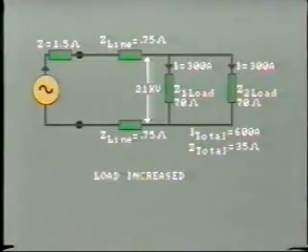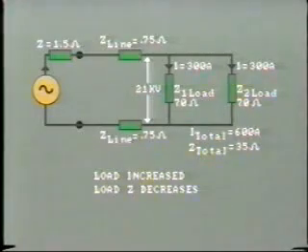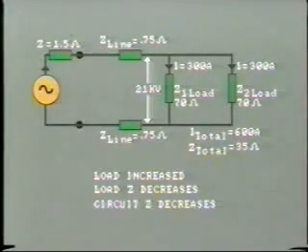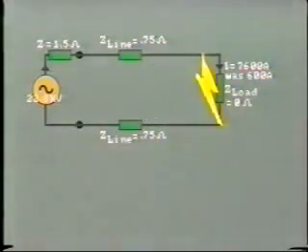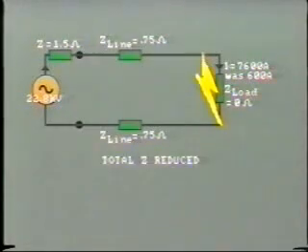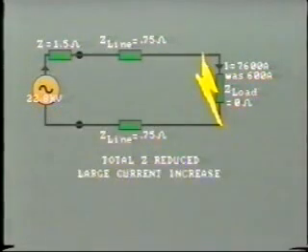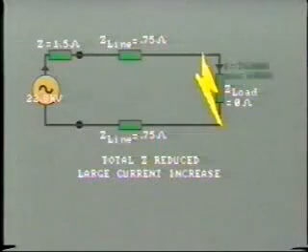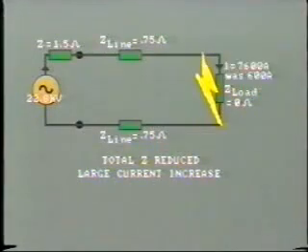First, note that an increase in load decreases the load impedance, and therefore decreases the total circuit impedance. Secondly, as a result of the short circuit, the total impedance is greatly reduced, and the consequent increase in current circulating in the system is dramatic. In our example, it has increased by approximately 13 times.